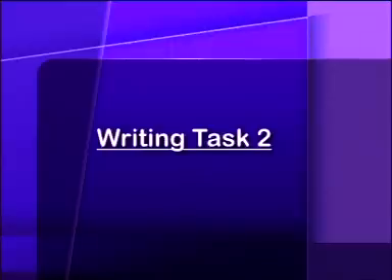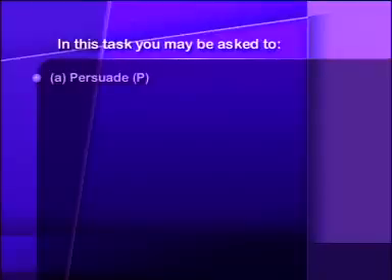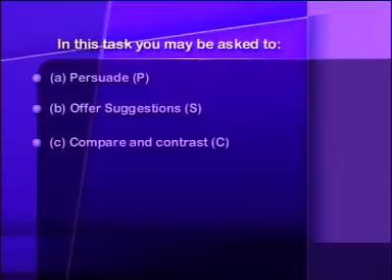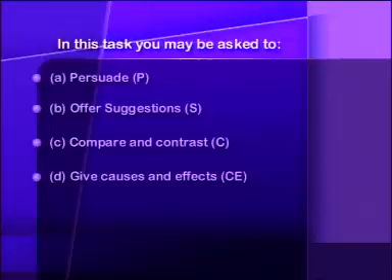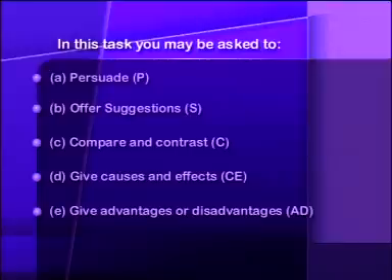Writing Task 2. In this task, you may be asked to persuade, P, offer suggestions, S, compare and contrast, C, give causes and effects, CE, give advantages and disadvantages, AD, and other, O. It's very important for you to make a decision as to which of these tasks you're being asked to do before you start writing.